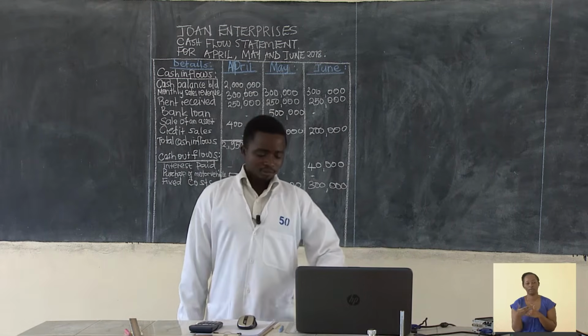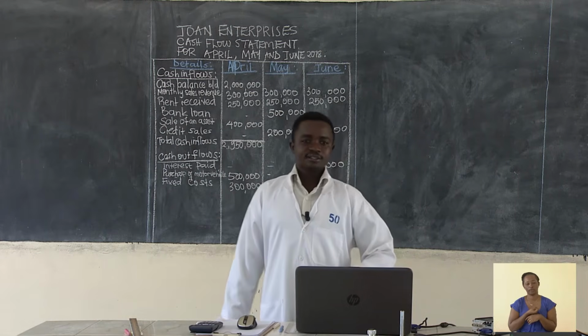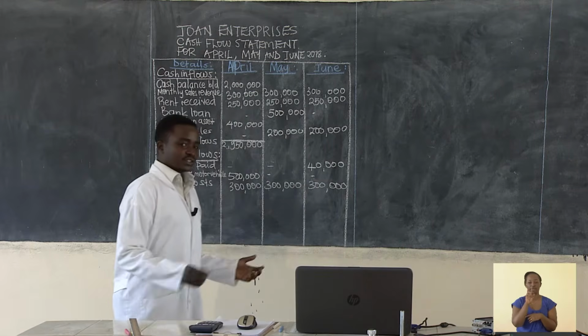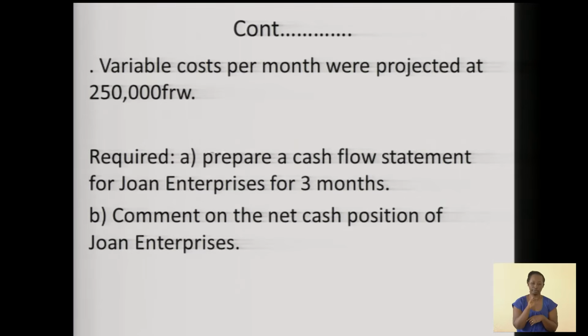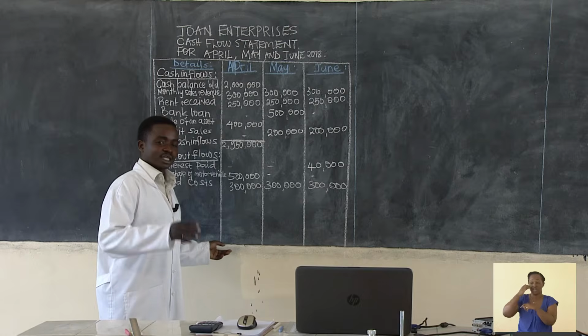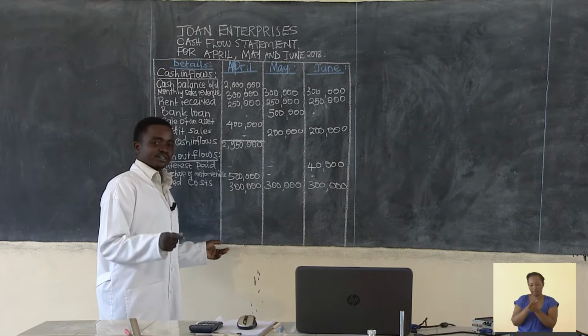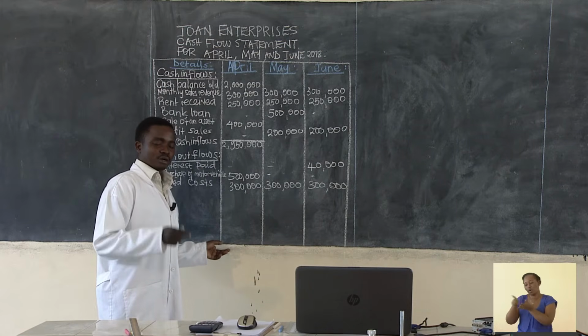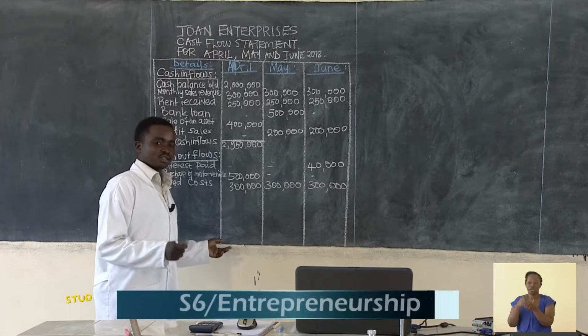Then we have again variable costs. Variable costs, these are costs which change with the level of production. If the production level increases, variable costs will also increase. If it reduces, they also reduce. For example, purchase of raw materials, those are variable costs. Salaries of wages of temporary workers, those are variable costs.